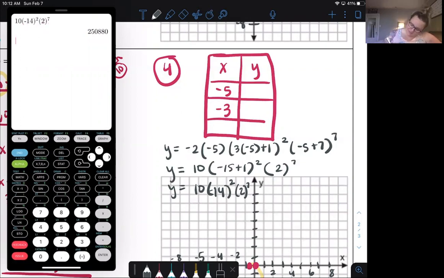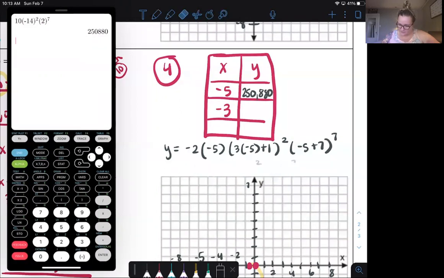250,880. That's fun. 250,880. And then let's plug in -3. So -2 times -3 is 6. 3 times -3 is -9. -3 plus 7 is 4.